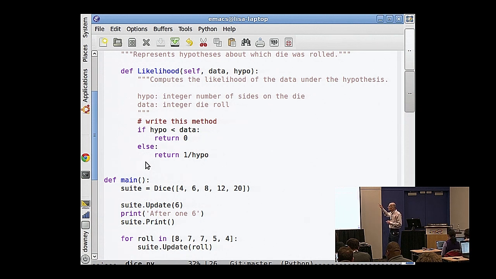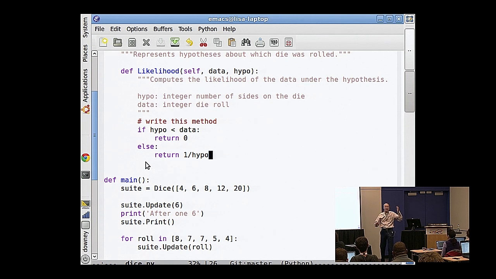So in this case, each time this function gets executed, you're being told it's a four-sided die, and the outcome was 6. What was the probability of that? And so you would say, well, if the hypothetical number of sides on the die is less than what the outcome was, that can't happen, so the likelihood of that datum under that hypothesis is 0.